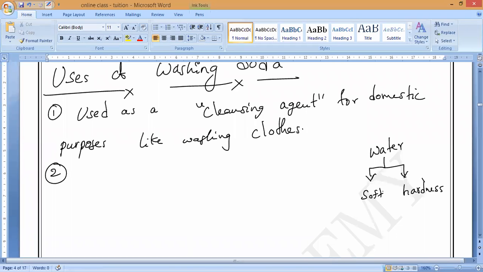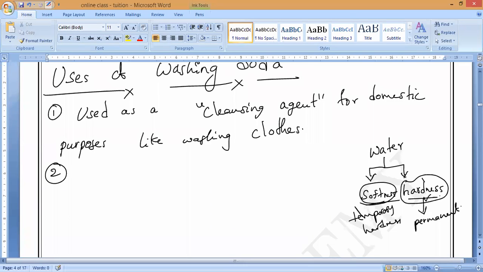Hardness of water is because some chemicals are dissolved in water. Temporary hardness can be removed easily. This is called temporary hardness of water, and this is called permanent hardness.